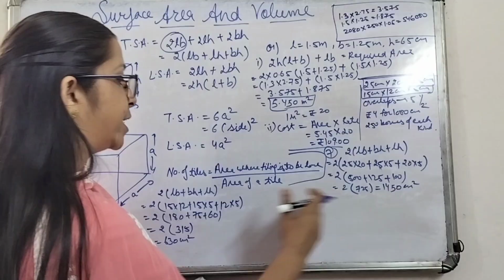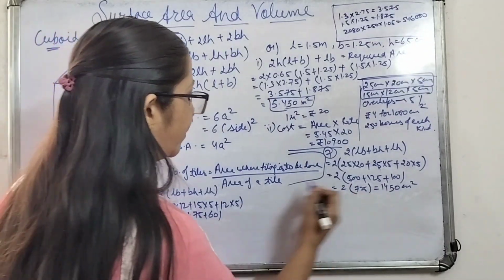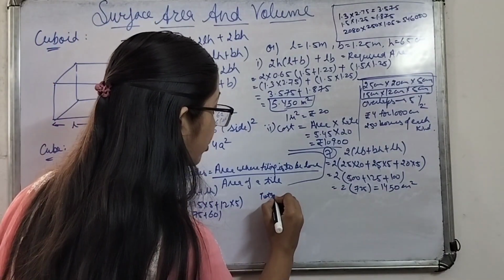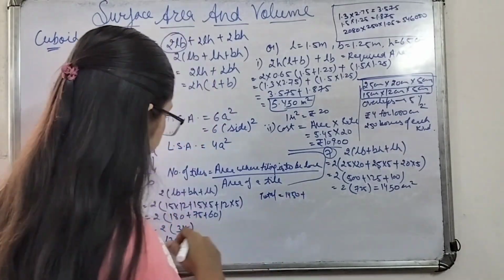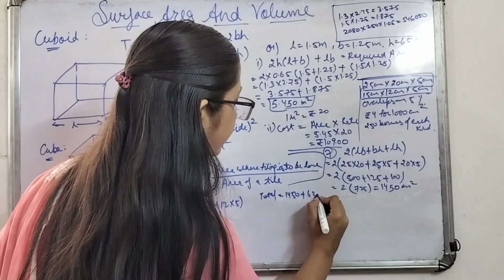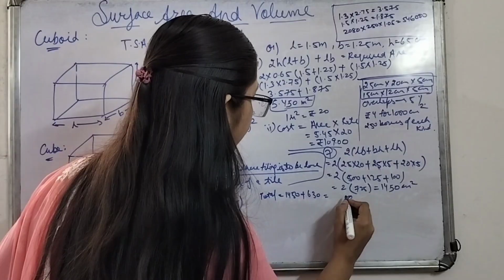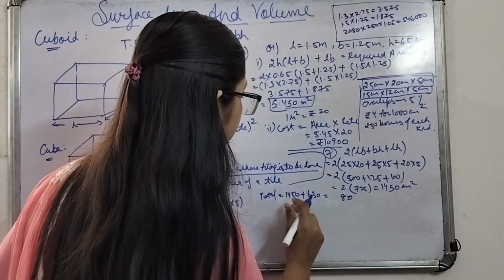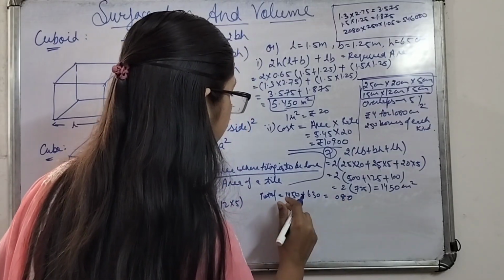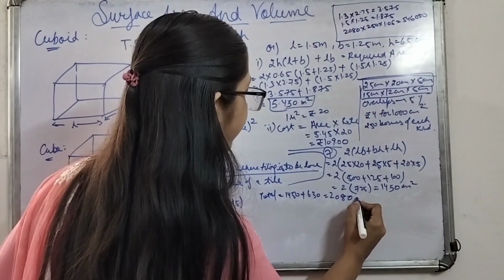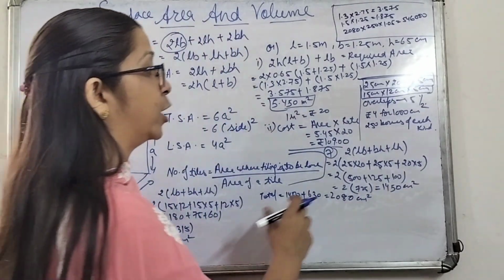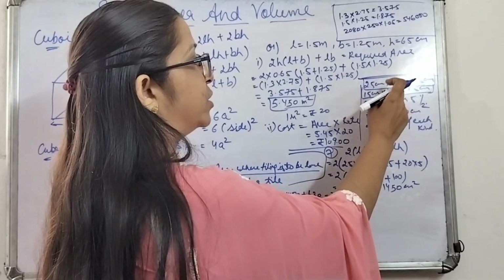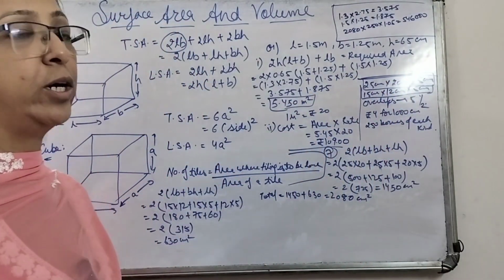So the total surface area of both the boxes will be 1450 plus 630. That will give us 2080 centimeter square as the total surface area of one box of bigger dimension and one box of smaller dimension.